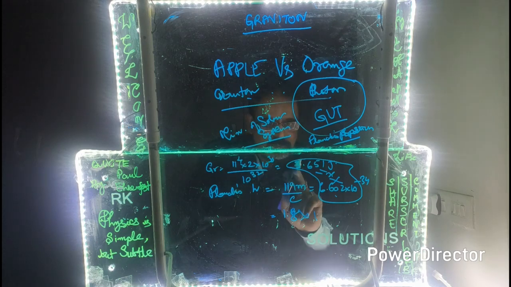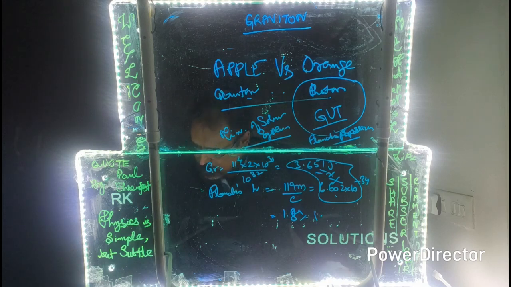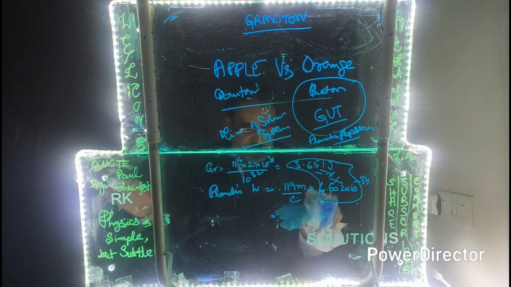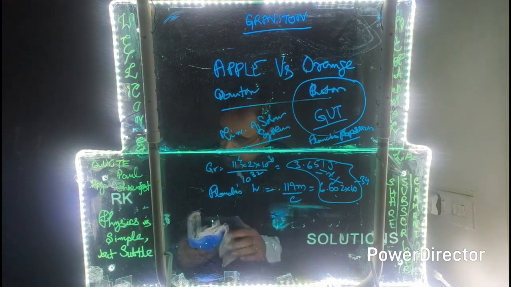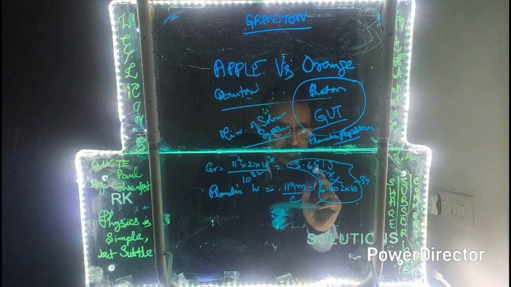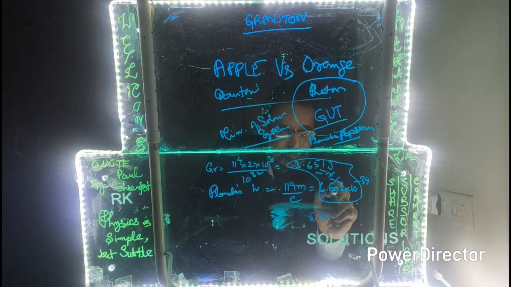This will be 36, 60, meaning around 36 by 6, let us say 5.8 or something, into 10 raised to minimum of 32 times.